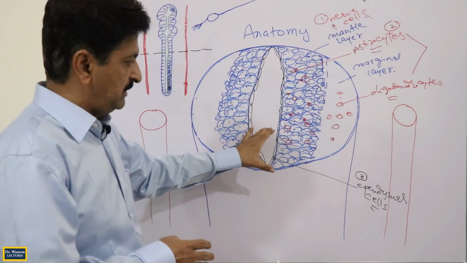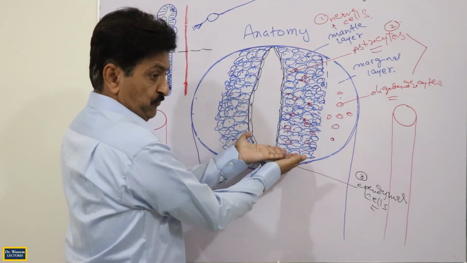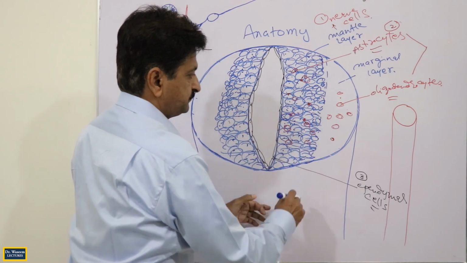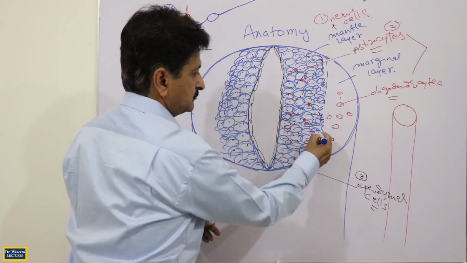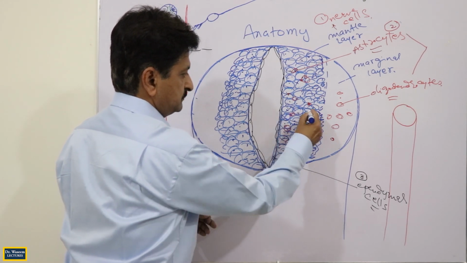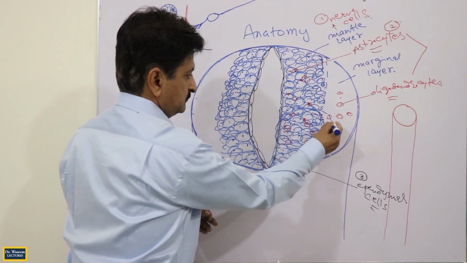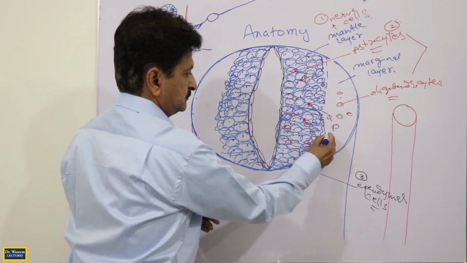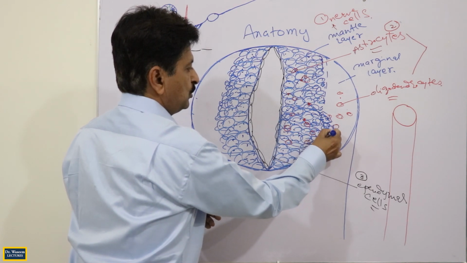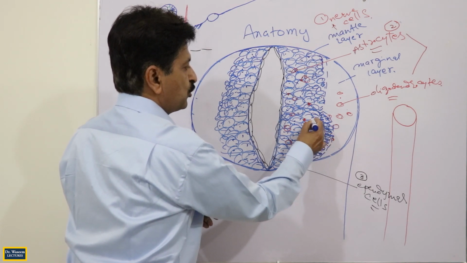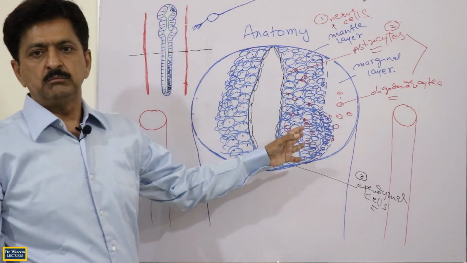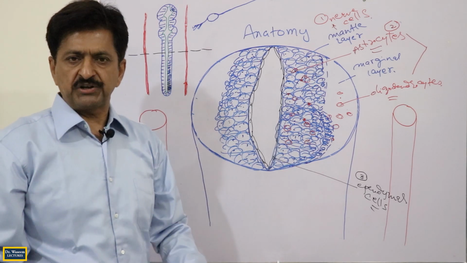And here what will happen? This mantle layer's ventral or anterior part will in fact have a separate bulging. So here it will have a thickening. And this thickening is giving you the group of neurons which are motor in action. Their function is motor activity.